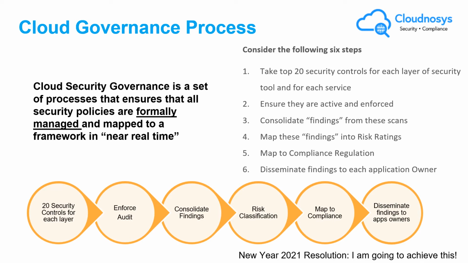There's going to be a third-party tool, whether it's Tenable or Qualys or different tools, that will generate the findings for that VM at the OS level and at the host level. Again, you need to pick the top 20, pull those findings, and consolidate them.